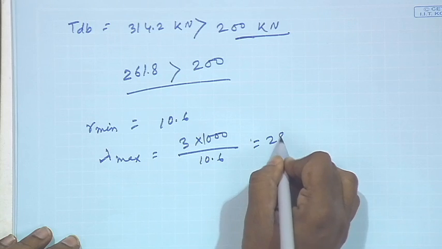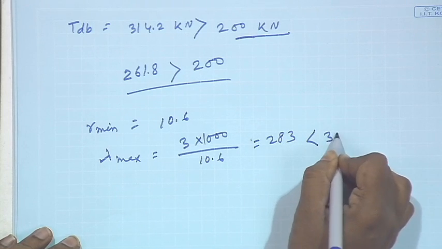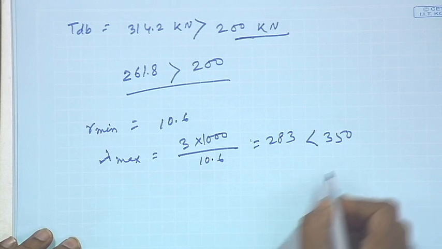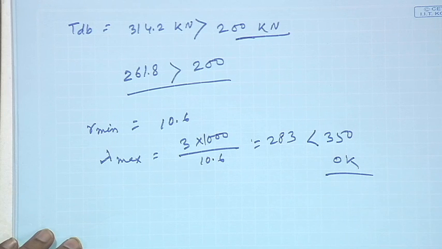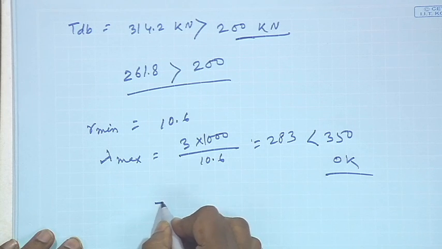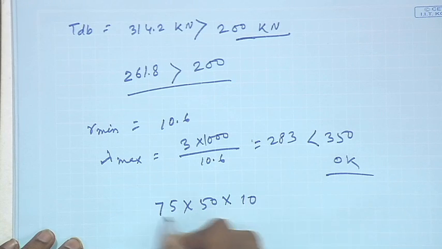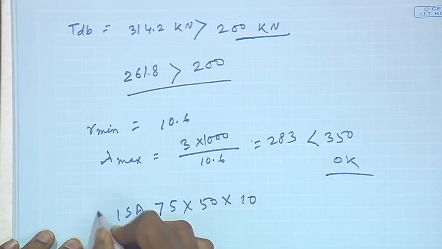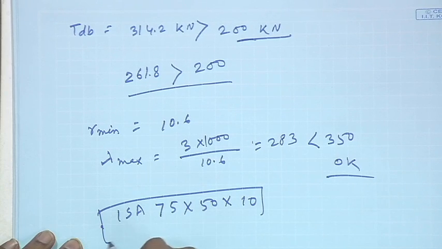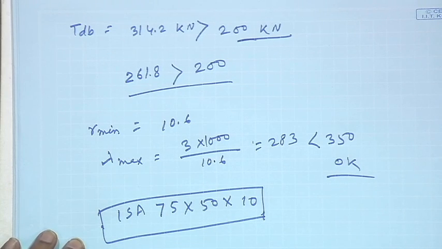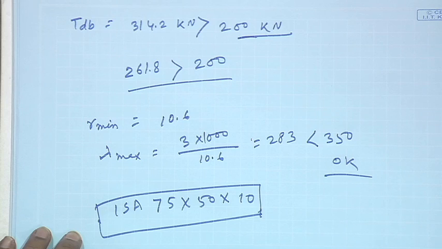This is coming 283, which is less than 350. Okay. So, the angle is safe. That means, the angle whatever we are considering 75 by 50 by 10, this ISA is safe to carry 200 kilonewton load.